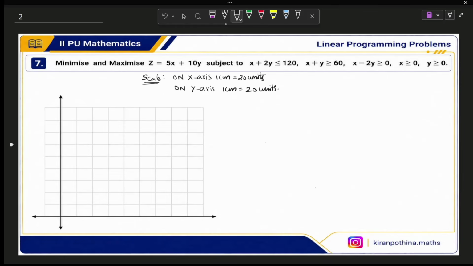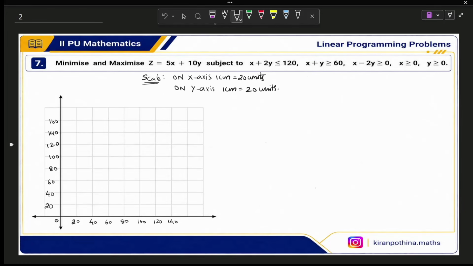On the x-axis also 20 units, y-axis also 20 units. So it will be 0, 20, 40, 60, 80, 100, 120, 140, and so on. Similarly on the y-axis it is 20, 40, 60, 80, 100, 120 and then 140, 160.